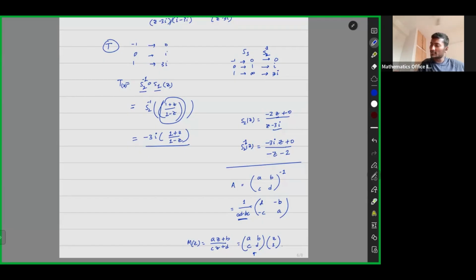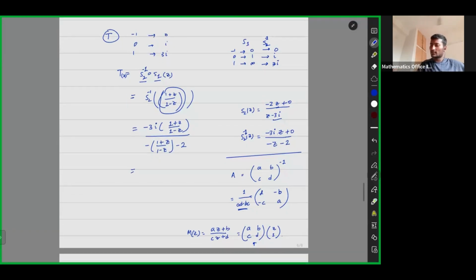So in the denominator we have minus Z. In place of Z, we are replacing by this inside value, 1 plus Z over 1 minus Z, minus 2. Now we solve it and we'll get this. So 1 minus Z in the denominator, in upper side also, lower side also, so it gets cancelled. So what is remaining?